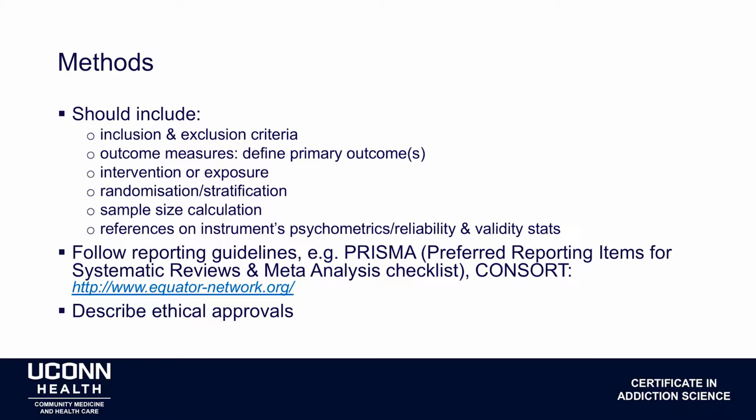If people are using standardized measures, which they should be, you need to make sure that there are references to the reliability and validity of the measurements that were used. And in other cases, there are checklists and flowcharts that are important to include, particularly for randomized trials, but now non-randomized observational studies have checklists like the PRISMA guidelines or the CONSORT guidelines that are required by journals.